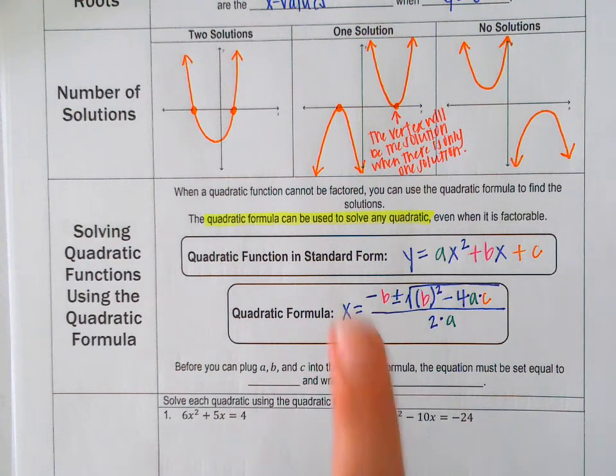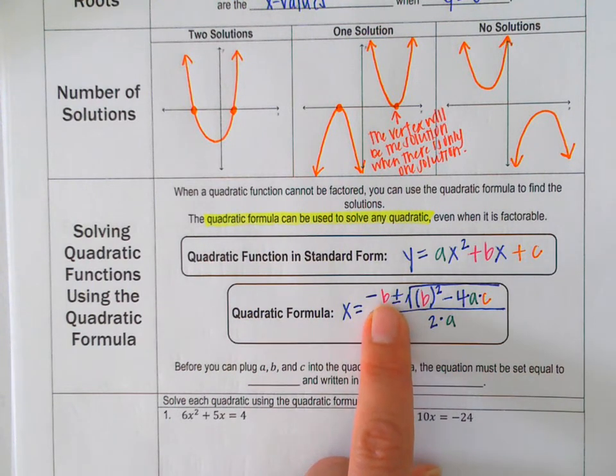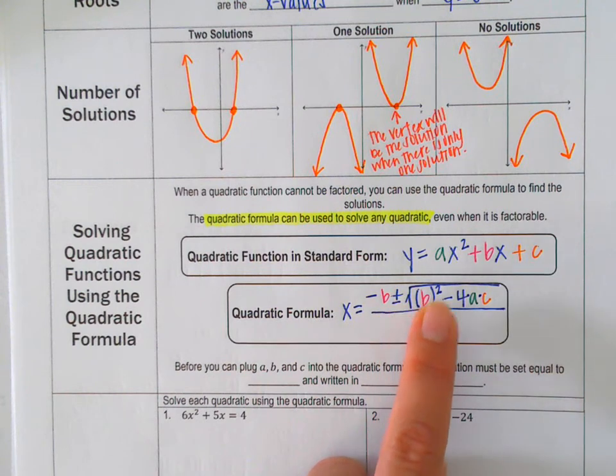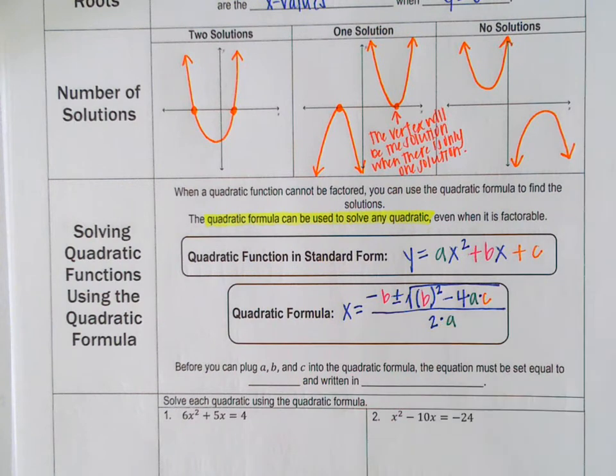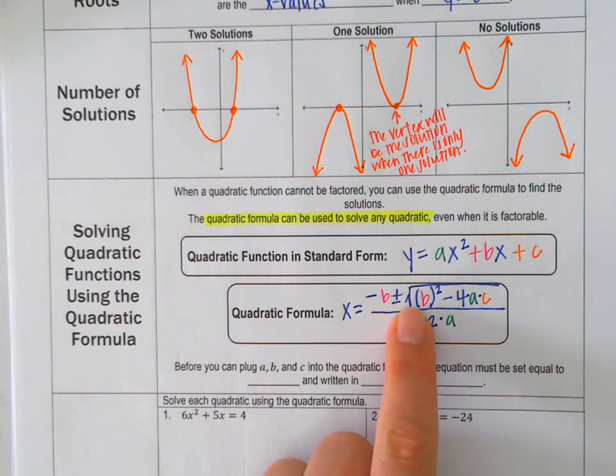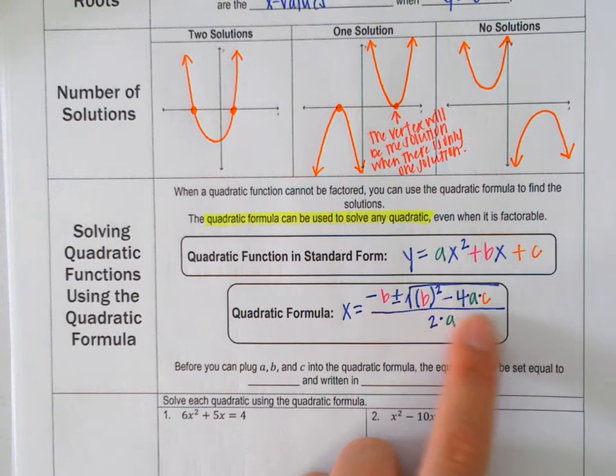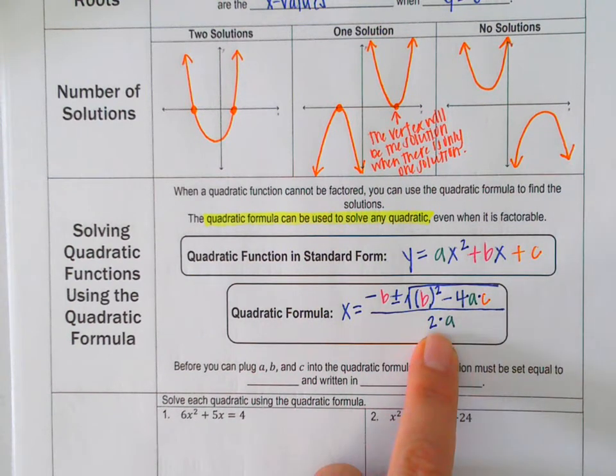It would be: the opposite of b plus or minus the square root of b squared minus 4ac all over 2a. So again, I'll sing it for you one more time. It's the opposite of b plus or minus the square root of b squared minus 4ac all over 2a.